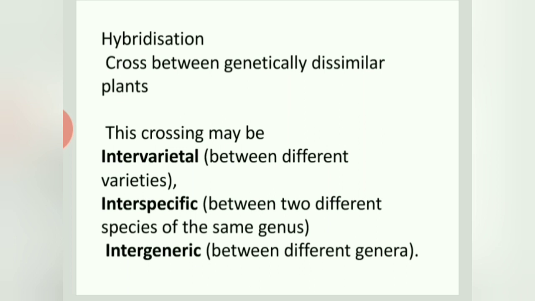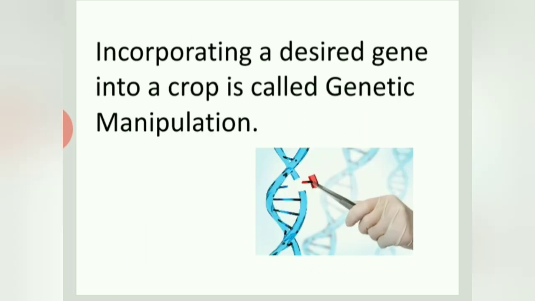Intervarietal is a cross between 2 different varieties. Interspecific is a cross between 2 different species of the same genus. Intergeneric is between 2 different genera.